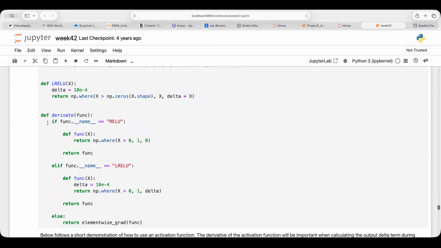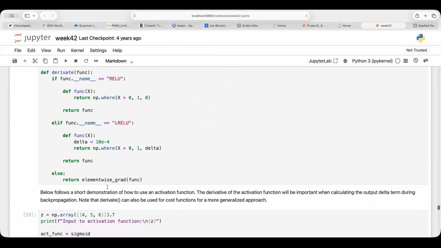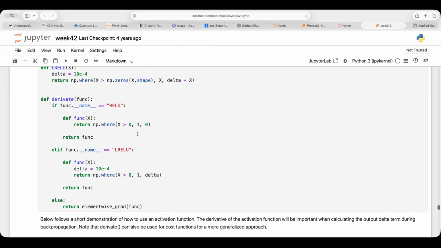We also need their derivatives, and here you will see that we have calculated the derivatives analytically. This is just to anticipate something which you need to encode in project number 2. Now, if you have many activation functions and you want to play around with many, then it's pretty common to replace the hard-coded derivatives with automatic differentiation.